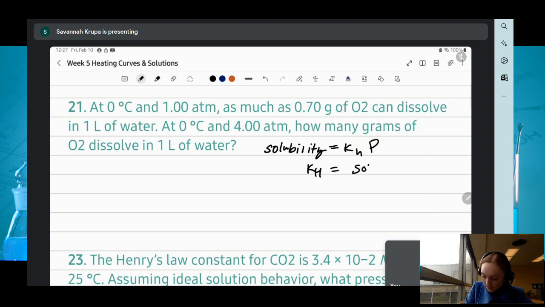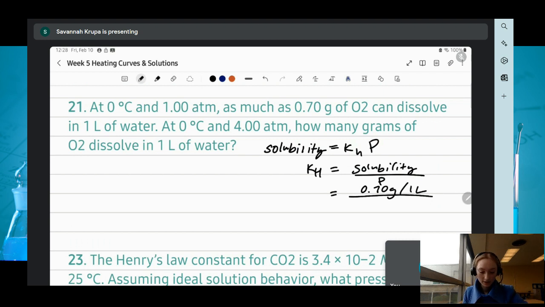So we have solubility divided by P. And so the solubility in this problem, it said that 0.70 grams can dissolve in 1 liter of water. And so solubility is grams divided by liters. So our solubility will be 0.70 grams divided by 1 liter. And then our pressure, it said it was at 1 atmosphere. So it's going to be divided by 1.